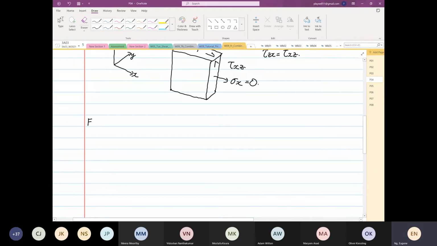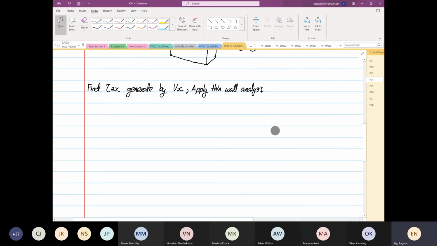We want to find the shear zx generated by Vx. We also know that we have to apply thin wall analysis.